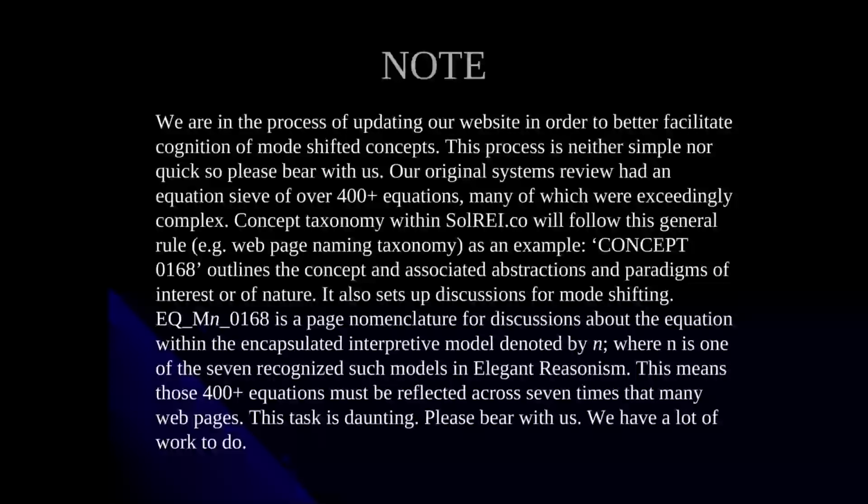And so that concept number, and for that same number, you'll have a set of equation pages. That'll be EQ underscore M, the model number, whether it's 1 through or 0 through 6 for the 7 recognized models. That way everything stays together, and you can navigate that in clumps if you want to. That's just a way to think about how we've tried to communicate these things.